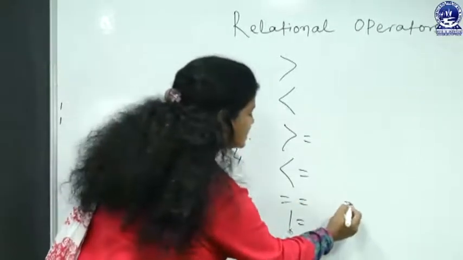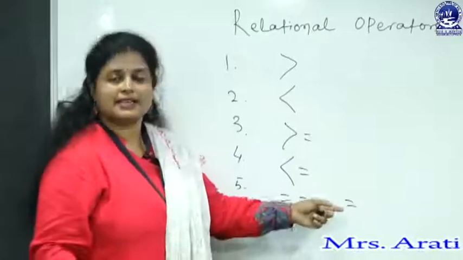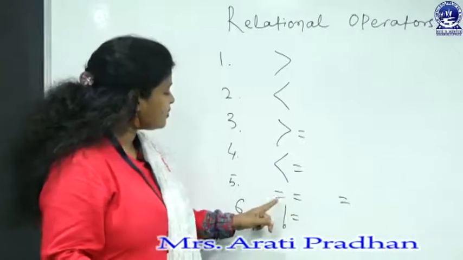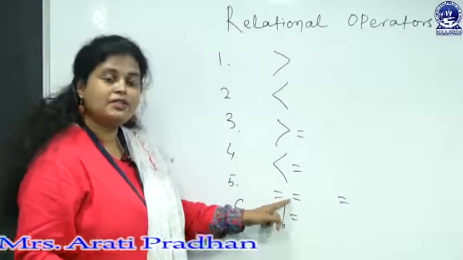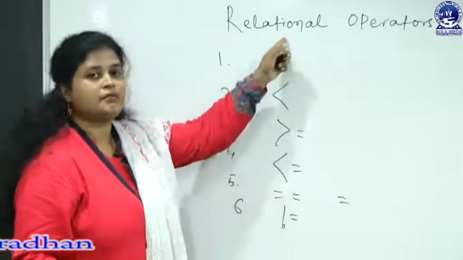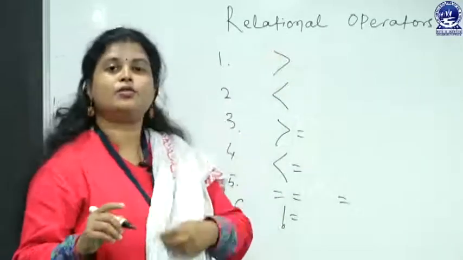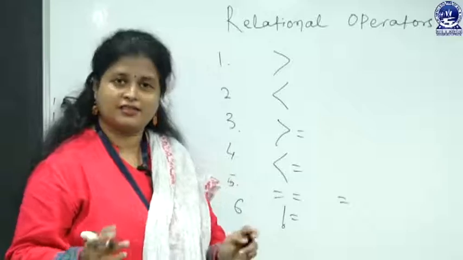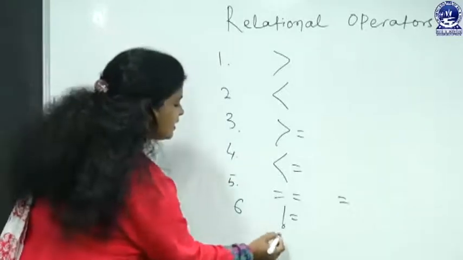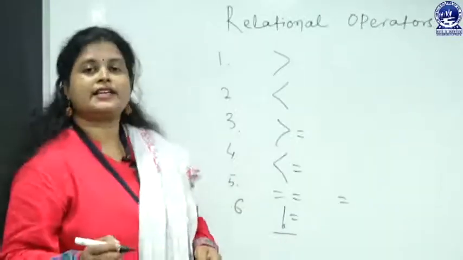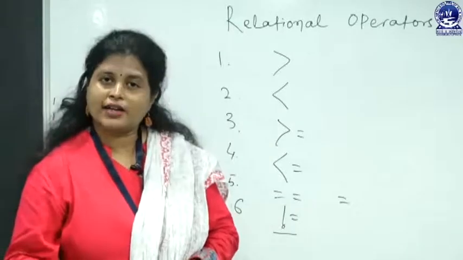If you are using a single equal to, that is the assignment operator, but if you are using a double equal to symbol, then this is a relational operator. It checks whether two values are equal or not. Not equal to checks whether the two values are not equal.